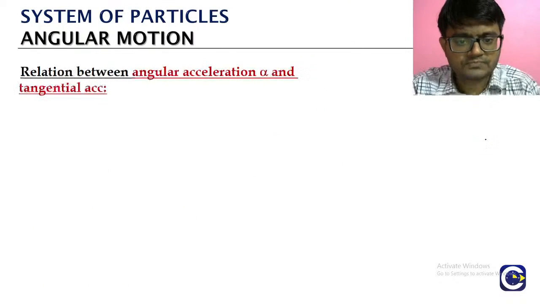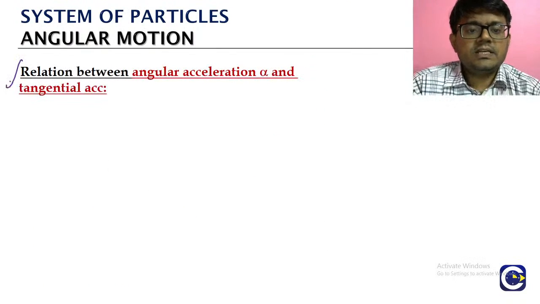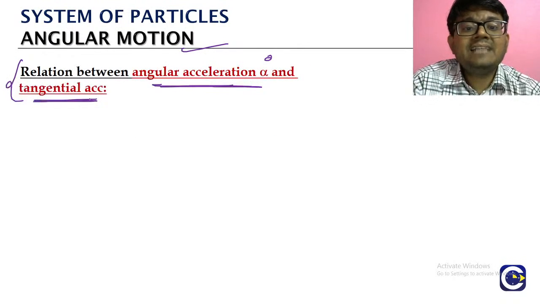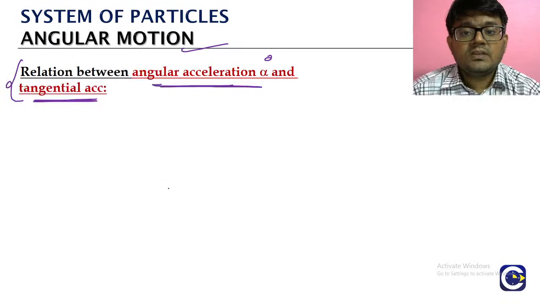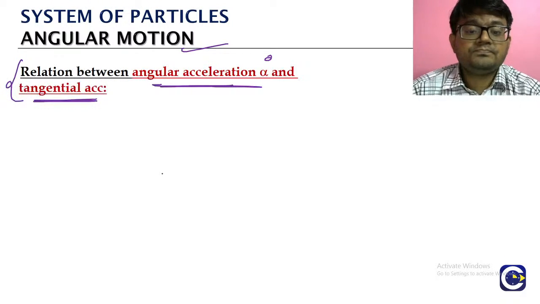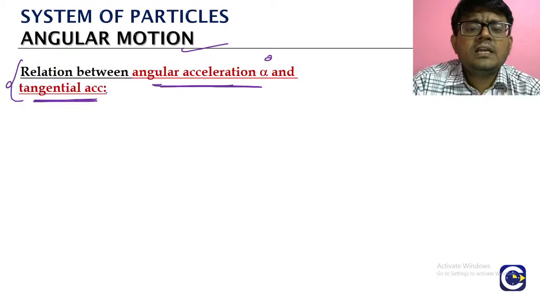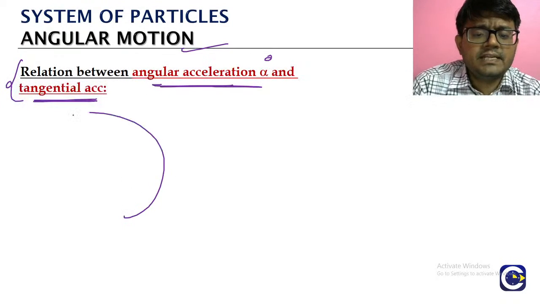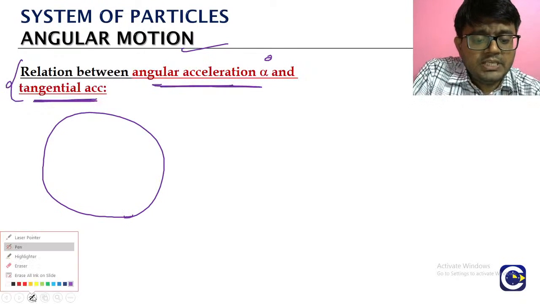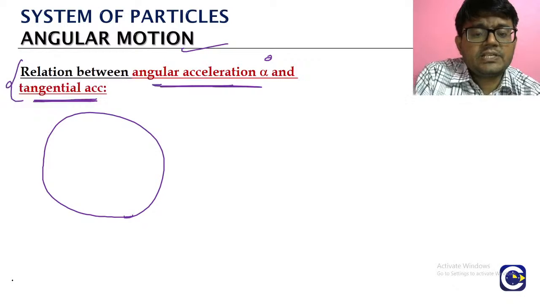Another relation comes up: the relation between the angular acceleration alpha and the tangential acceleration. What is the tangential acceleration? If you look at a particle going in a circular path, we talk about two types of acceleration.